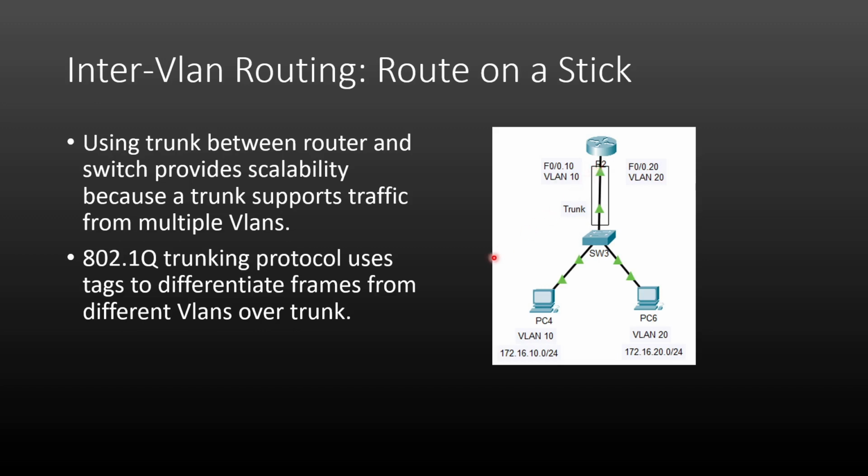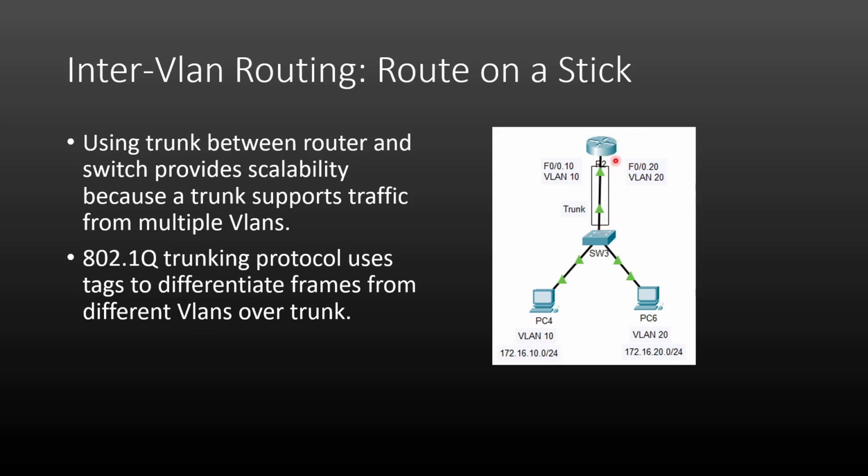This is the tagging strategy. So then the router will route the frame from subinterface F0/0.10 to the VLAN 20 subinterface F0/0.20. Then the router again is going to tag the frame before placing the frame over the trunk.